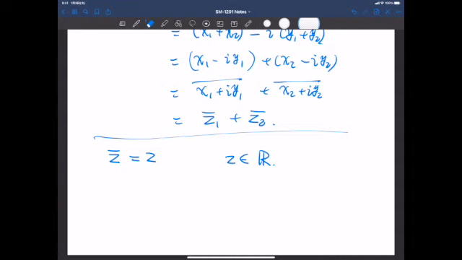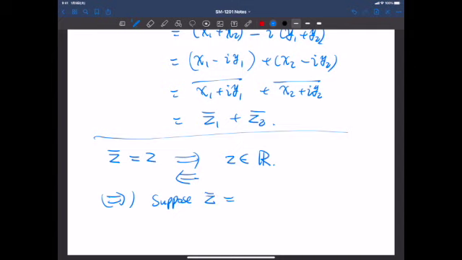So assuming the left-hand side, we prove the right-hand side. And assuming the right-hand side, we prove the left-hand side. Okay, so first we prove this direction.